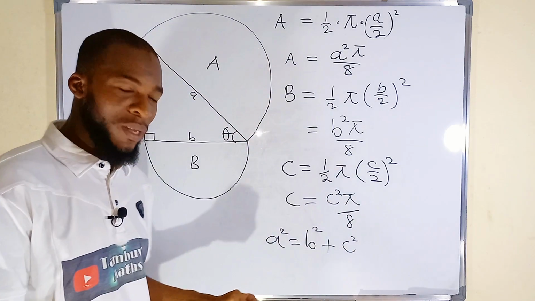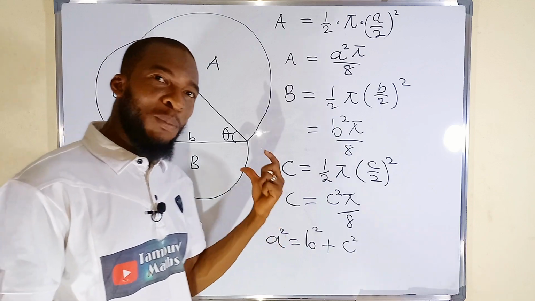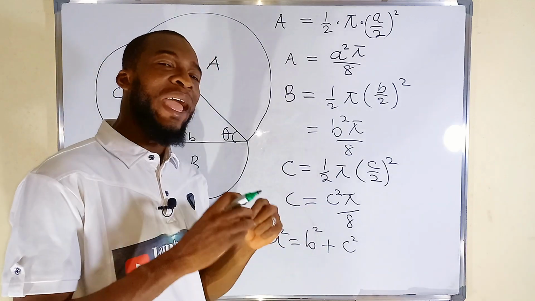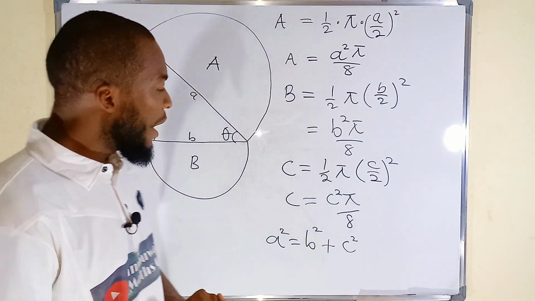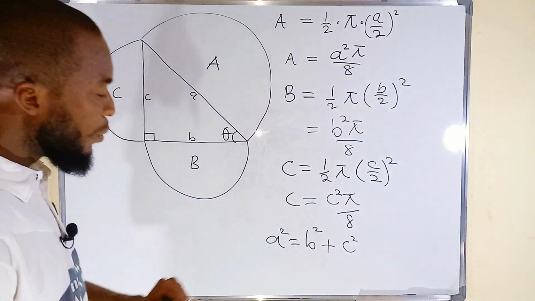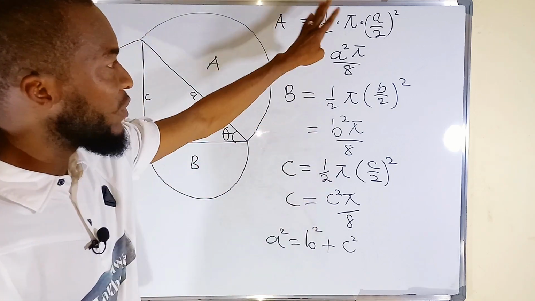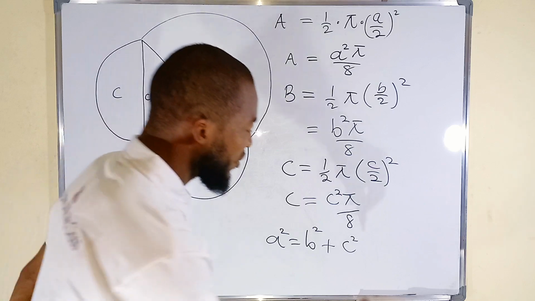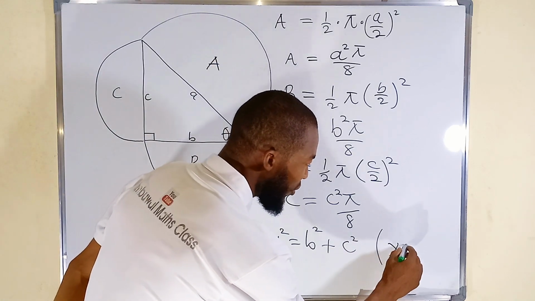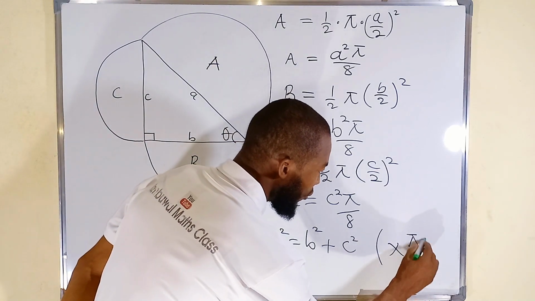This is an equation. Remember, if you are multiplying an equation by anything, you have to multiply every single term. And I observe the only thing we can multiply this by to make it equivalent to all of this is pi over 8. So let us multiply by pi over 8 all through.